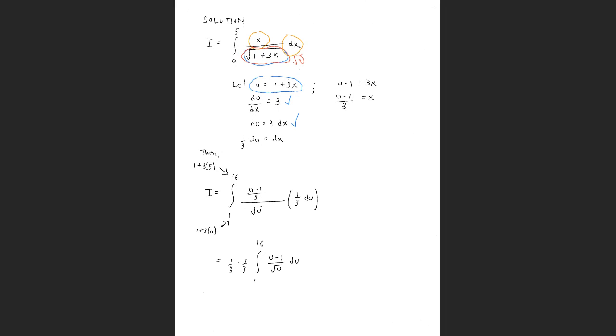Again, that just comes from multiplying through by dx on both sides of that equation. If du is 3 dx, then dx is 1/3 du. And so this means that dx is now 1/3 du.